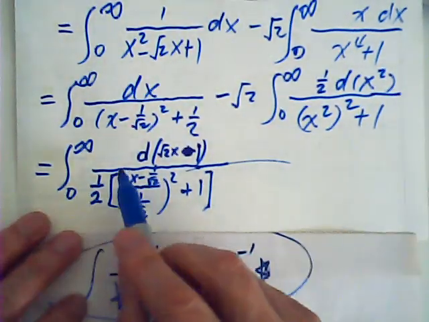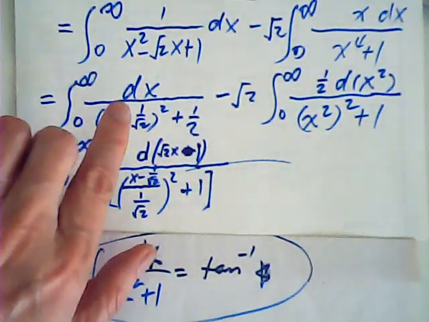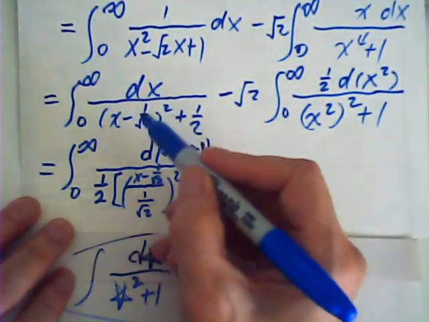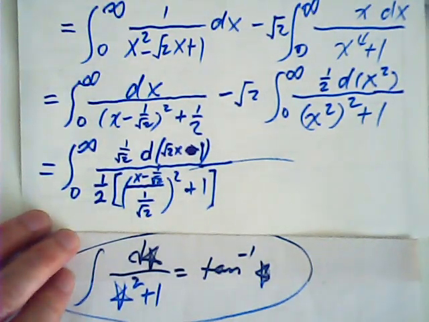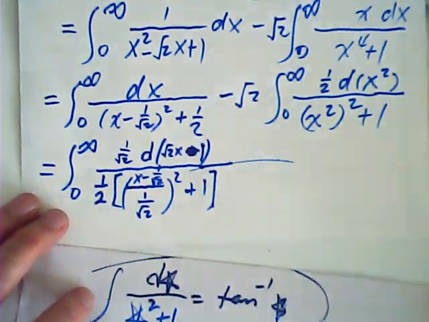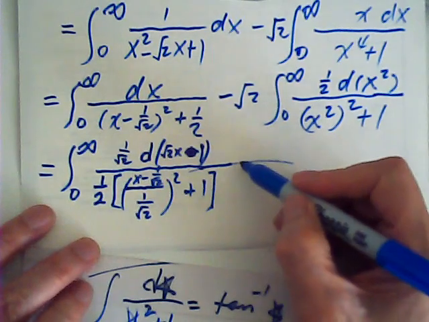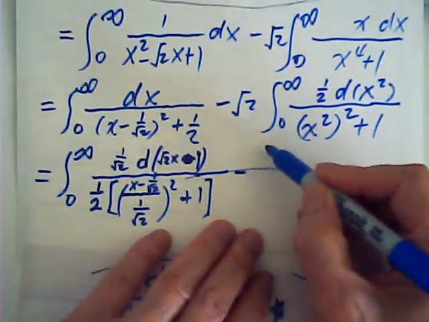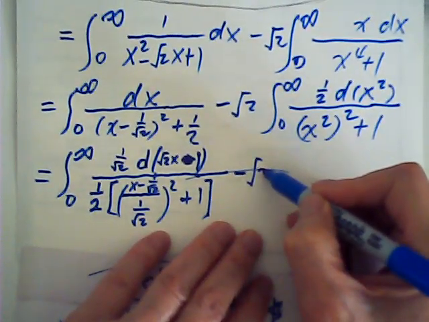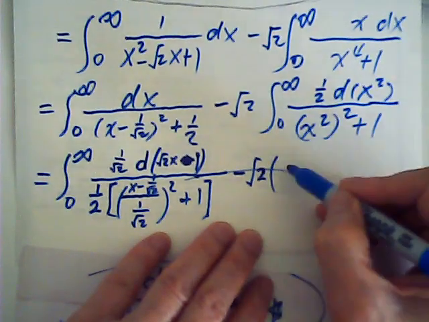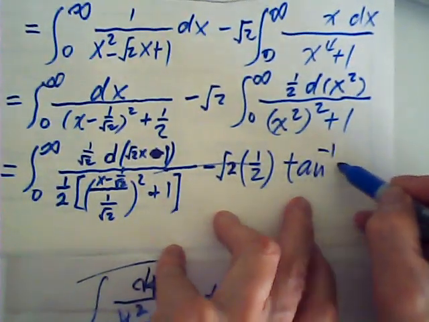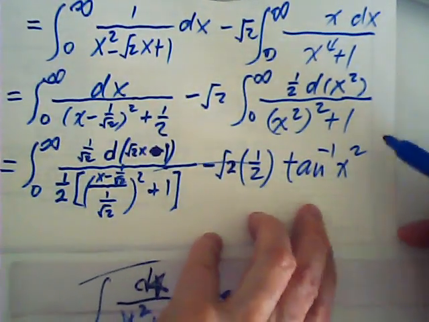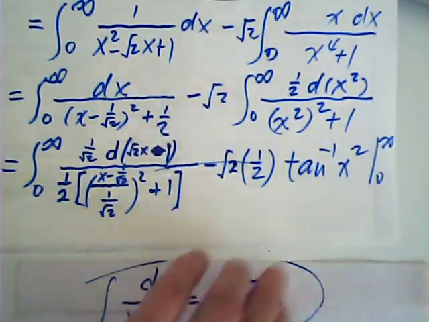And no more equal, because I have a dx. To balance with this one, multiply by 1 over root 2. Okay. So far, now is good. Minus root 2 multiplied by half. Right? This is arctangent of x squared, from 0 to infinity.